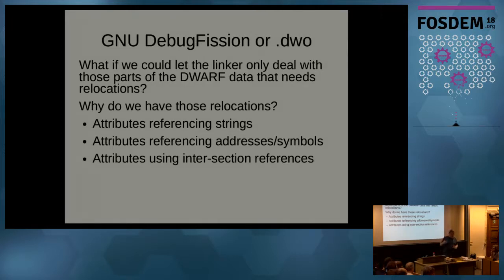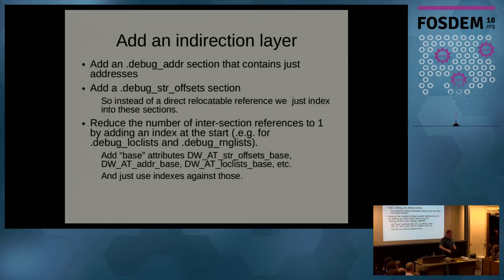What if we could do something about that? And as always, the answer is you add a layer of indirection, of course. So what we do is we put all the addresses in their own section, and that's basically just an index, and then you can use an index into the debug address section.